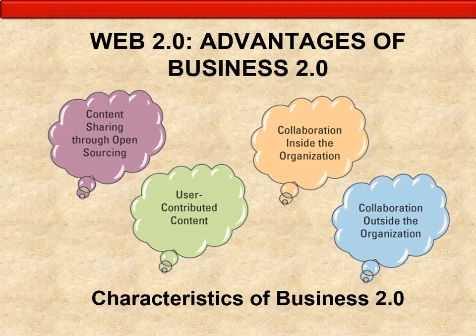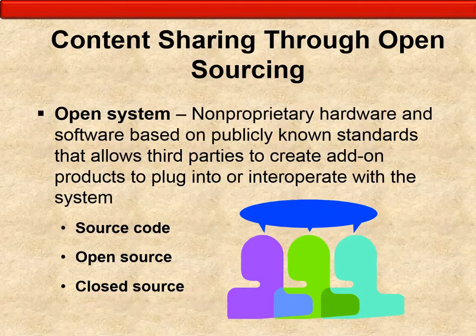So let's see what this looks like. Advantages of Web 2.0: you have content sharing through open sourcing, user-contributed content, collaboration inside the organization, collaboration outside of the organization. So again, it recaps free, sharing, and collaboration.